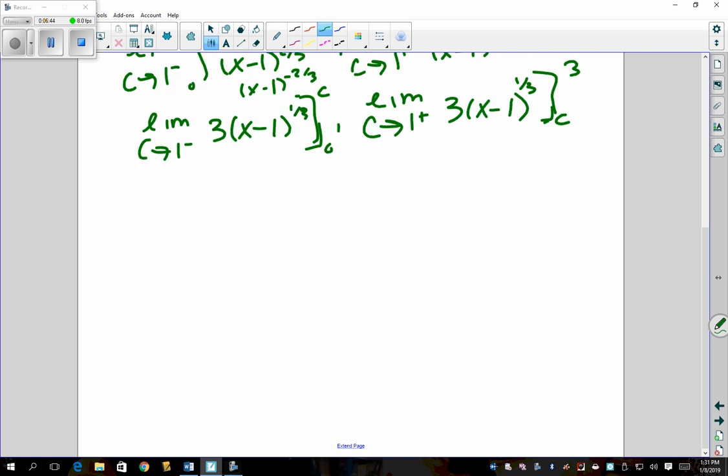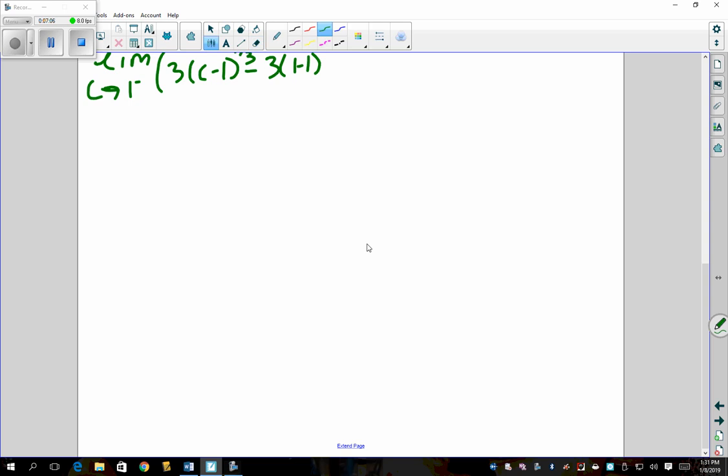So now we have these two limits, and now we're going to use the fundamental theorem of calculus first to evaluate them at the bounds. So we're going to take 3 times c minus 1 to the 1/3 minus 3 times 0 minus 1 to the 1/3.